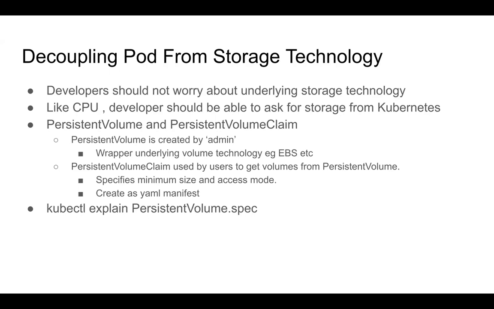So what happens in the companies is the Kubernetes admins create something called a persistent volume, and they are the ones responsible for getting the volume available by connecting to the storage.